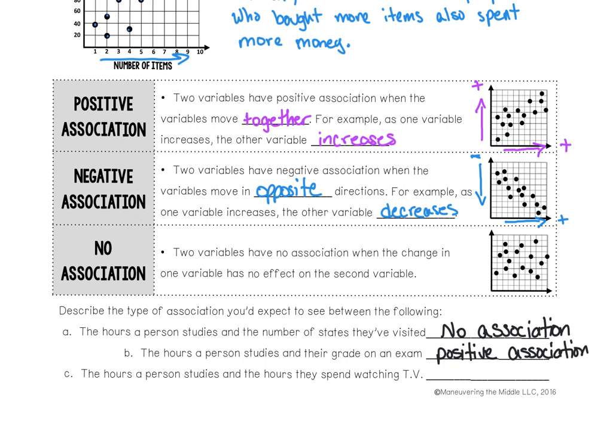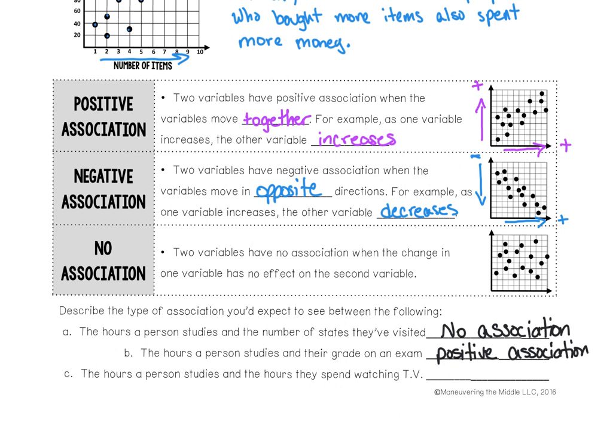The last one. The hours a person studies and the hours they spent watching TV. So if you're watching TV, it probably is taken away from the hours you are studying. It's not like listening to music, like you kind of are focused in on the TV and you're not studying as much or you're not as focused as you could be.